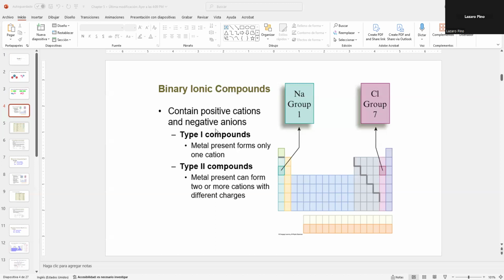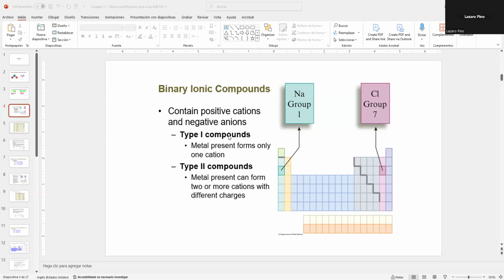Which ones are they? When the metal belongs to one of these elements here, in group 1, group 2, group 3, 4, 5, or 6, these metals that we call representative make the type 1 compounds.